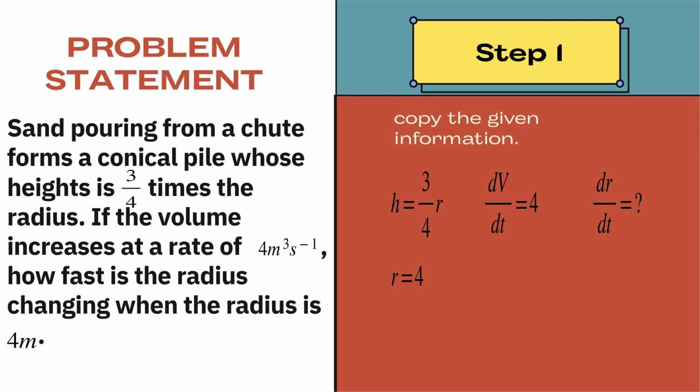We know that the height of the cone is 3/4 the radius. We are also told that the volume of the sand pile is increasing at a constant rate of 4 cubic meters per second. The question we have to answer is how fast is the radius of the pile changing when the radius is 4 meters?